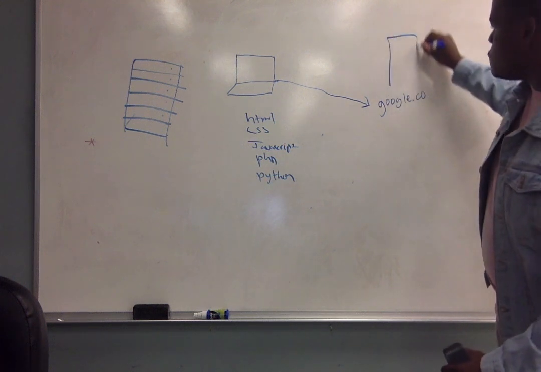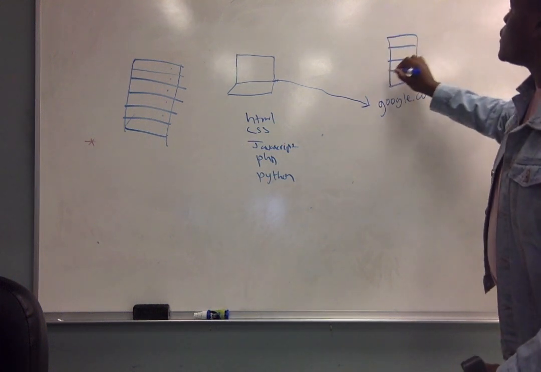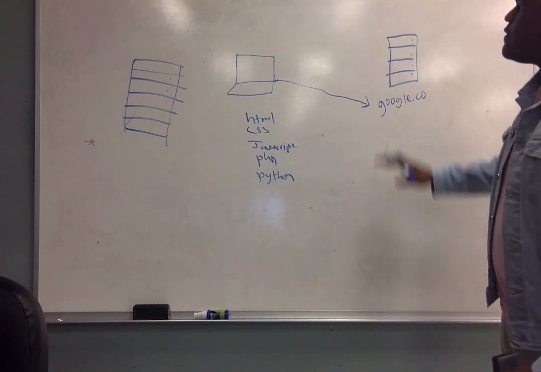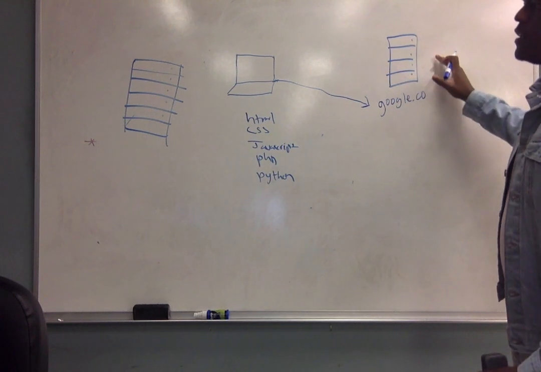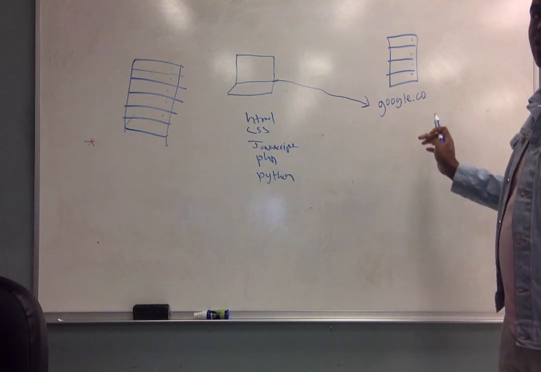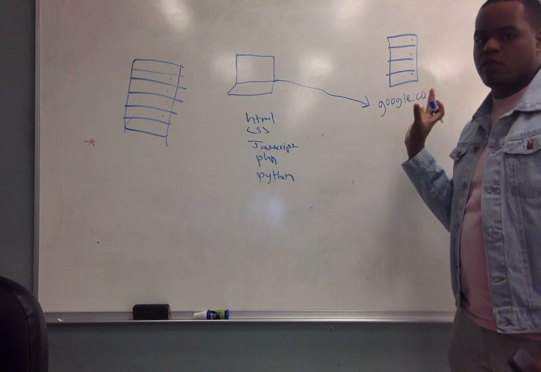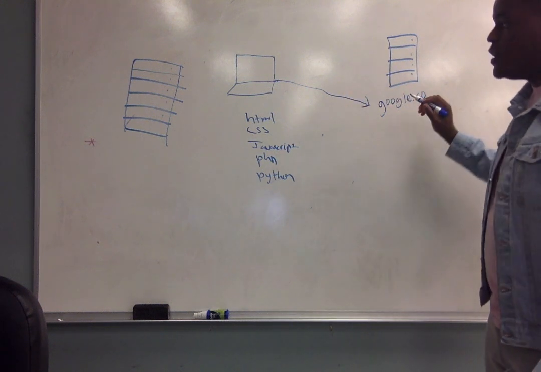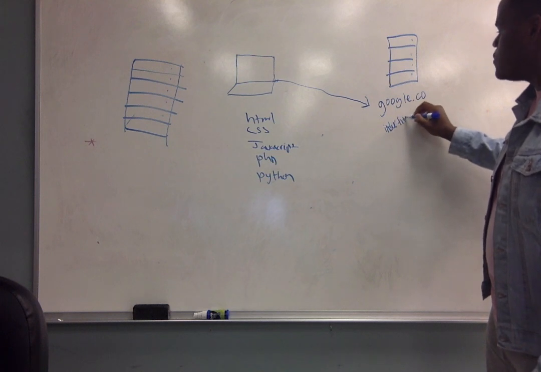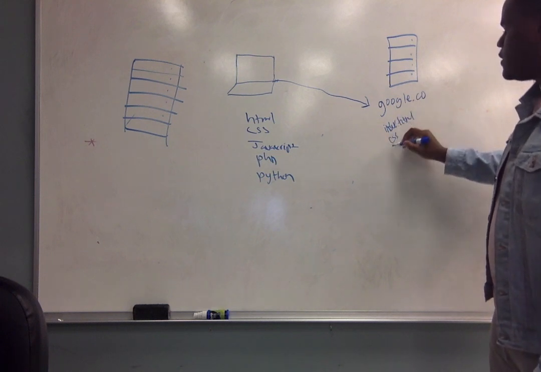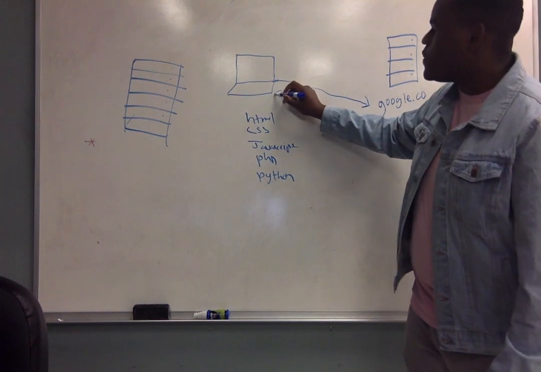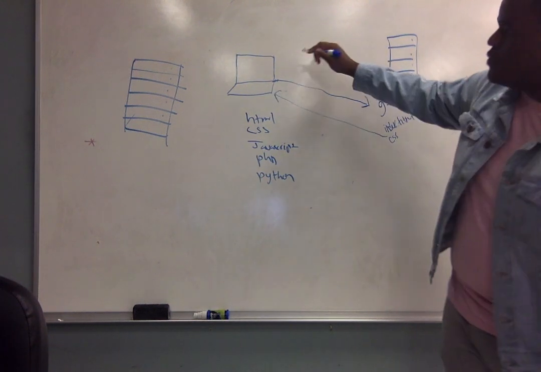They've got these huge servers because they're a production-scale company, they have to serve a bunch of people at once, right? When you go to Google.com, you're asking the server to give you back the information associated with Google.com. So the index.html file, the CSS file associated with Google.com, it gives you all that back and displays it on your computer through the web browser.